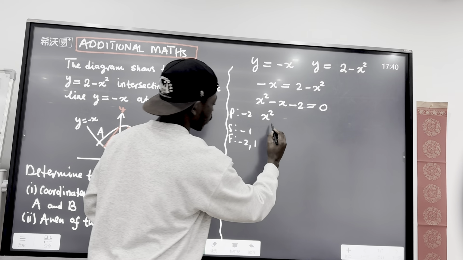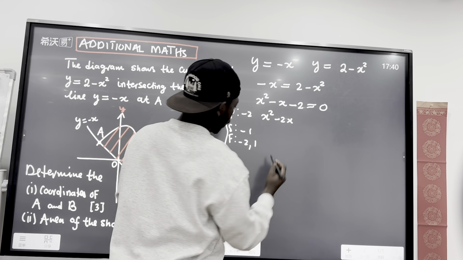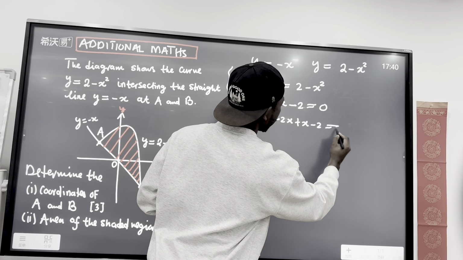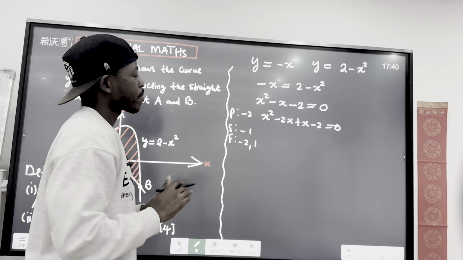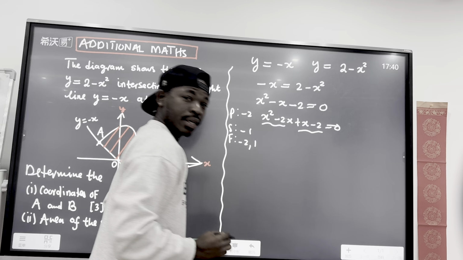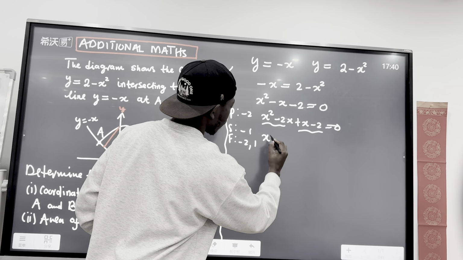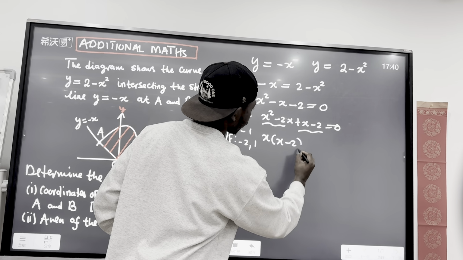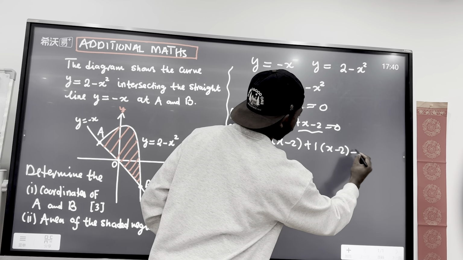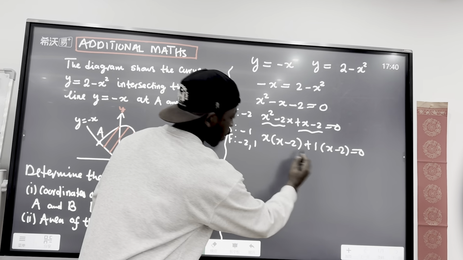I write this in terms of x, so minus 2x, then plus 1x, so plus x minus 2 equals 0. So I factorize by grouping. Here I shall have x minus 2. Here positive 1 is common. Then x minus 2 equals 0. You can see x minus 2 is common.